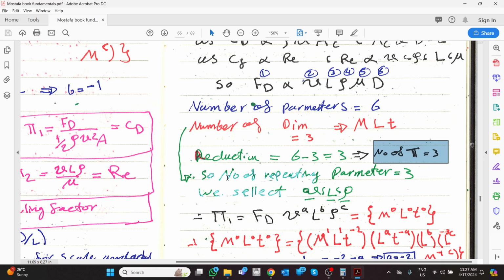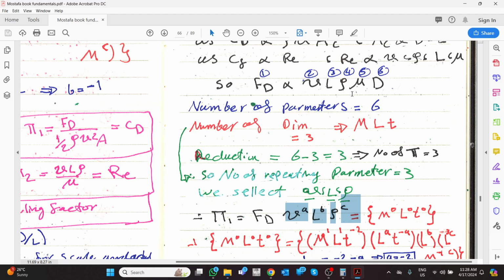Okay, now we need the number of repeating parameters. The number of repeating parameters is 3 parameters. Which ones can we select? We agreed that we will not select viscosity.